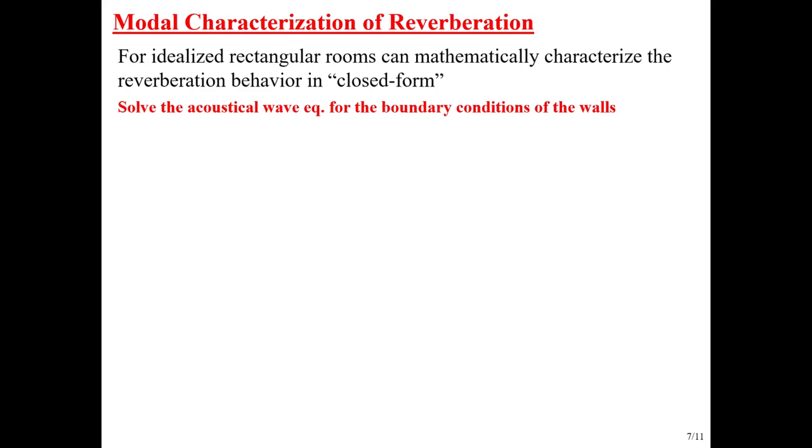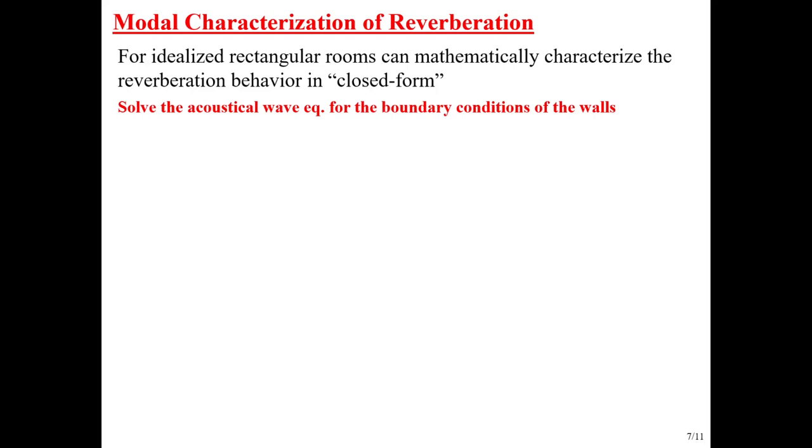So now we want to get a feeling for some other nature of reverb. And this is the modal characterization of reverb. And this comes out of some theoretical studies that physicists and acousticians have done mathematically. So they start with some sort of idealized rectangular room, and they know what the materials are on the room, and so they can characterize that through some boundary conditions.